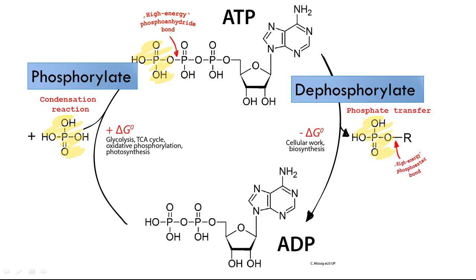Alternatively, if something has become dephosphorylated, you lose energy and lose a phosphate. Lose a phosphate, transfer out the potential energy of that molecule. Very good. Is that concept okay? Not too bad? So we will see ATP alternately phosphorylated and dephosphorylated through the semester.